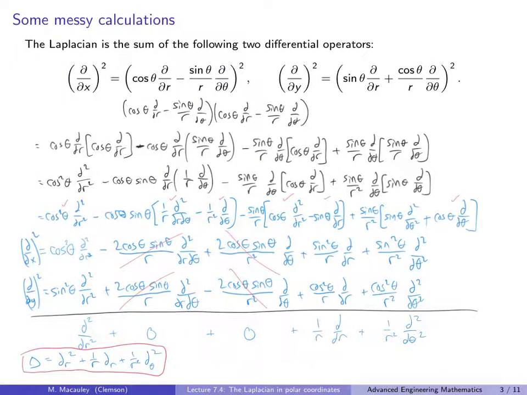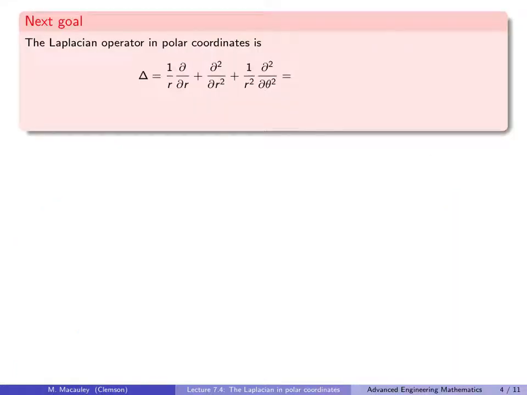In other words, the Laplacian of u is u_rr plus 1 over r u_r plus 1 over r squared u_theta theta. So it's not quite the sum of the second partials in polar coordinates. Okay, so this is the Laplacian of u in polar coordinates.